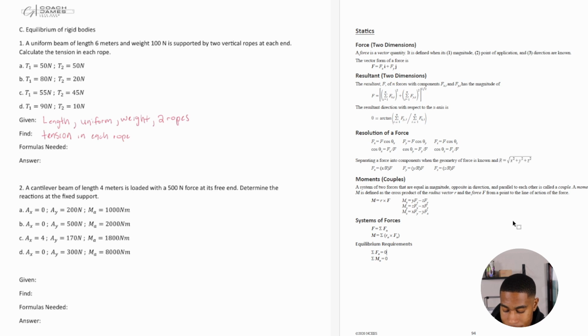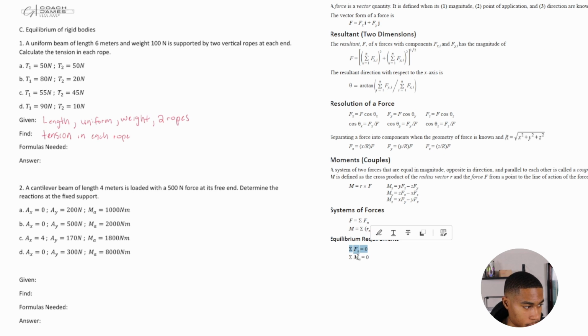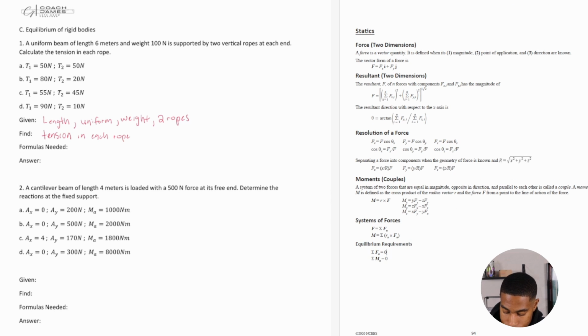Because we know that tension is a type of force. Basically the sum of the forces in the X and Y is 0, equilibrium. So we're looking at a rigid body. Let's take a look at this.